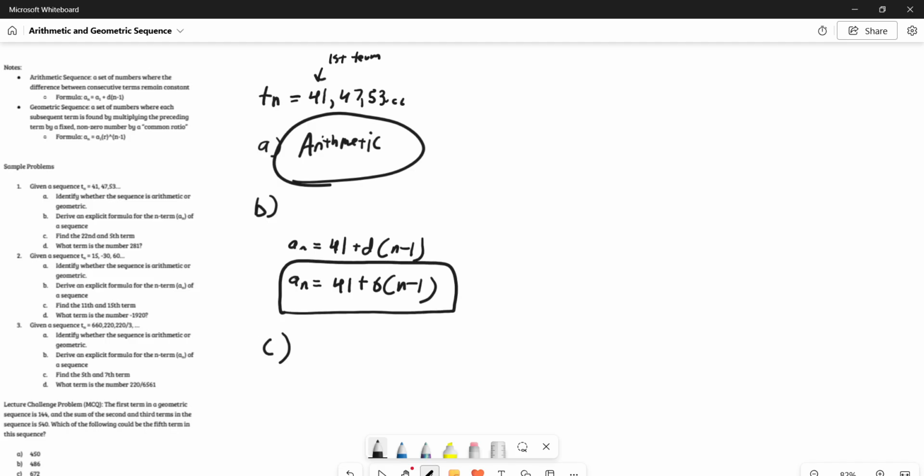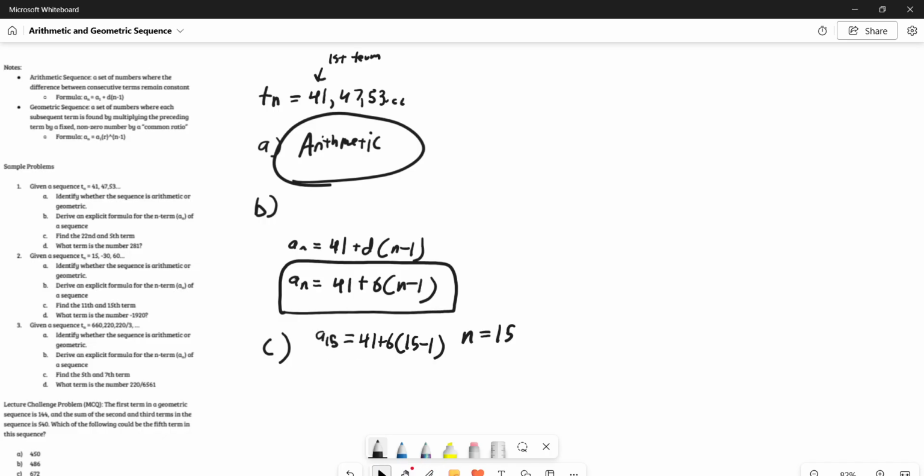Part C, find the 22nd and 15th term. Okay, so let's find the 15th term first. For the 15th term, n is going to be 15, right? So n is equal to 15 for this. So this means that we just plug n into the equation. 15 minus 1, right?